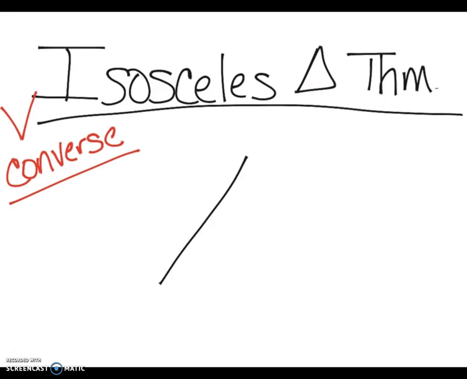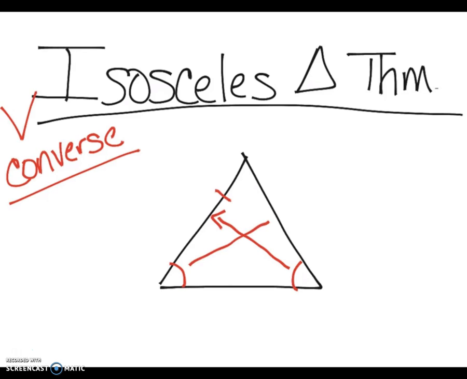So this time we're saying, if you know that these two angles are congruent, then you're going to know that the sides across from them have to be congruent, and therefore you have an isosceles triangle. So the converse starts with, if you know these two angles down here are congruent, then you know the sides across from them are congruent, and therefore you're going to have an isosceles triangle.